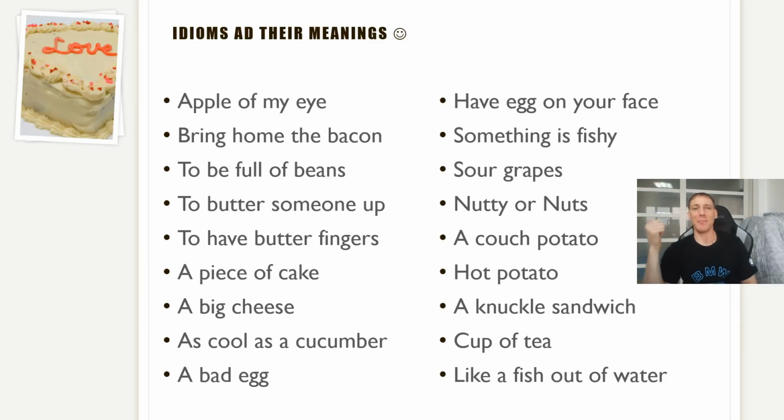You can look at the first one: apple of my eye, bring home the bacon, to be full of beans, to butter up someone, to have butterfingers, a piece of cake, a big cheese, as cool as a cucumber, a bad egg, have egg on your face, something is fishy, sour grapes, nutty or nuts, a couch potato, hot potato, a knuckle sandwich, cup of tea, and like a fish out of water.